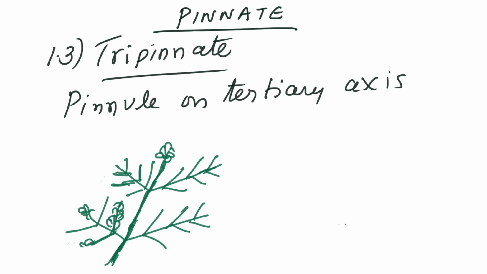So that's about tripinnate. The key point is here the leaflets are developing on a tertiary axis. Everything else is quite similar to what we discussed in the previous two cases.